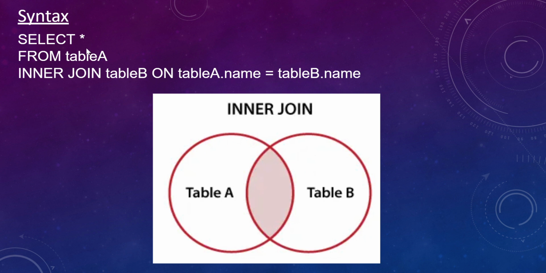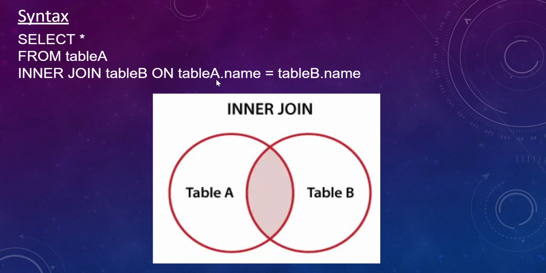This is the syntax of inner join. We have already seen it in the previous slide. Select star from table A. This is the left table which we were discussing in the previous slide: after from, the table name that we mention is known as the left table. Then we write inner join, and then we mention the right table. The on keyword is used after we name the right table, and then we mention the one common column using which we are joining these two tables.